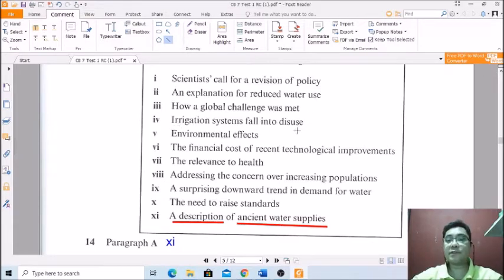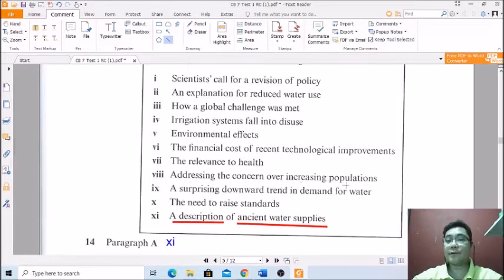Irrigation systems fall into disuse. We don't talk about irrigations. We don't talk about environmental effects as well. And 6, the financial cost of recent technological improvement. There is no technology there. But number 7, the relevance to health. This is something, but just keep this, but don't be too confident. You have to check the other.